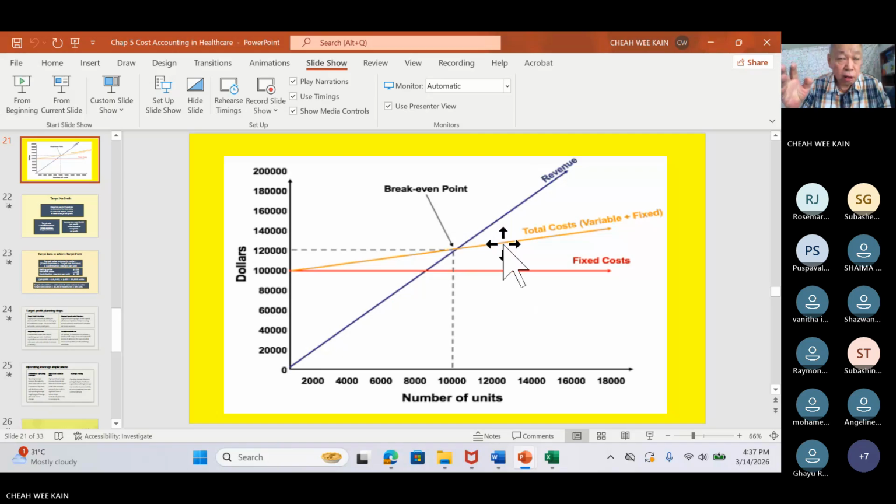Next month, you sell more carrot juice and less plain water. Of course, this line will be different. The mix of products causes the revenue line and this total cost line to not be as easy as a straight line.